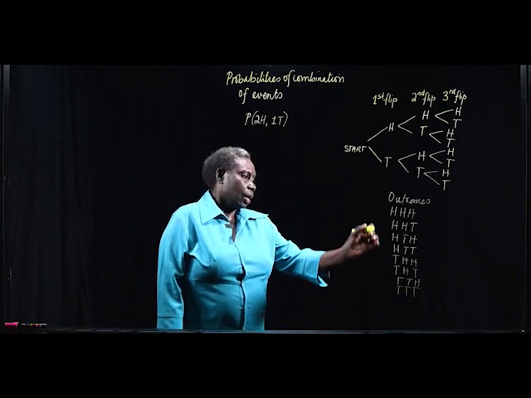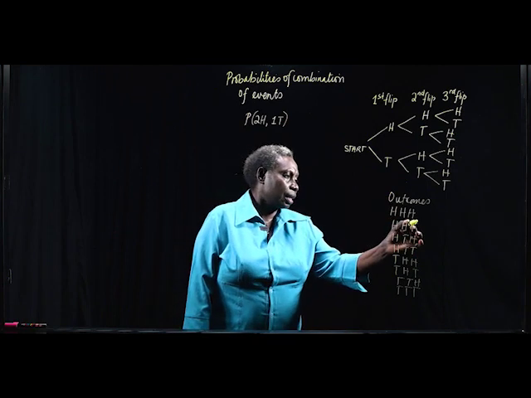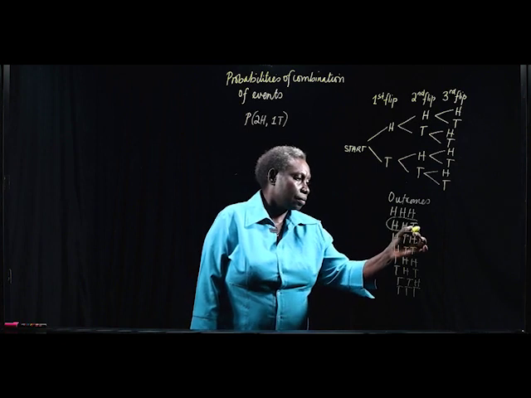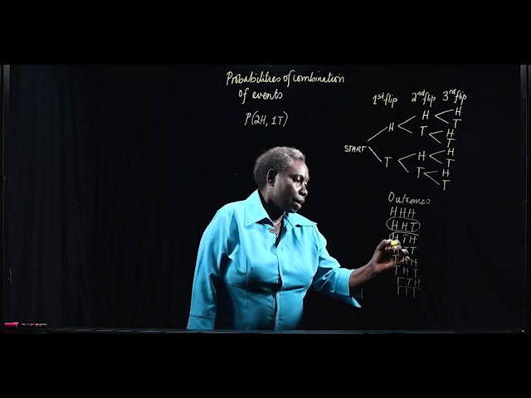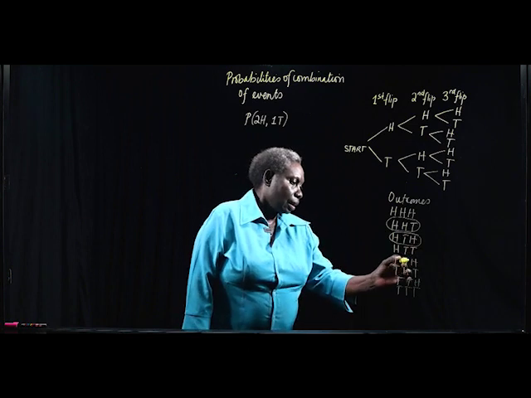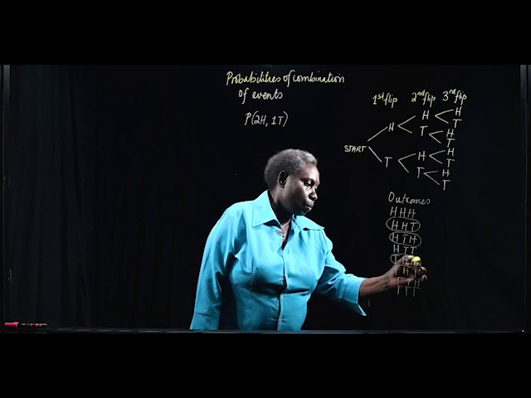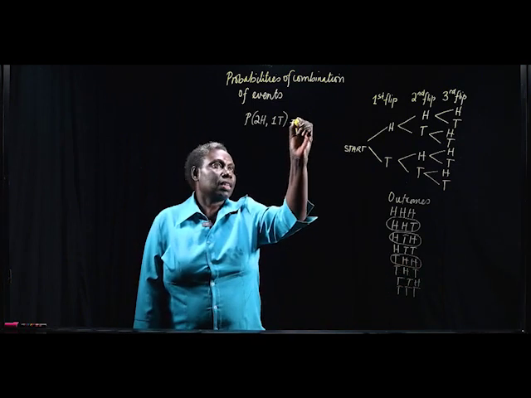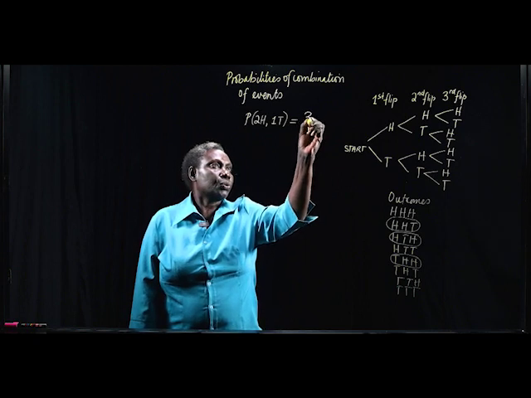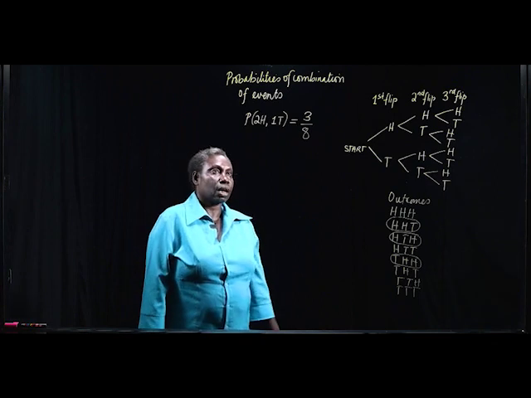Now, let's look at our total possible outcomes: HHT, HTH, and THH, each with 2 heads and 1 tail. So we have a probability of 3/8. 8 is the total possible outcomes.